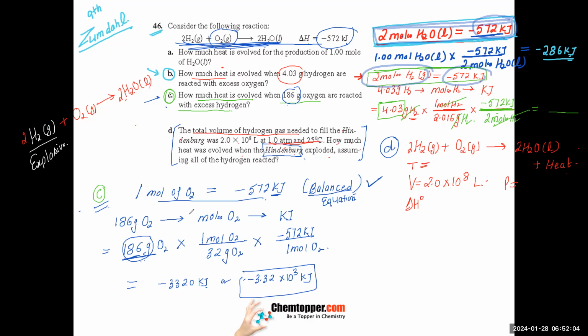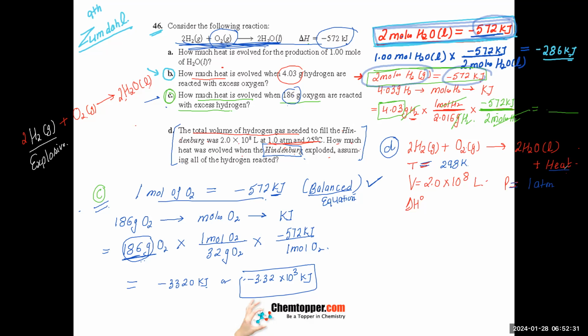How much is the temperature? Temperature has to be in Kelvin. 298 Kelvin. You know how to do it, all of you? And the pressure is? How much is the pressure? 1 atm. These are the things given. What else is given? Balanced equation. This one.